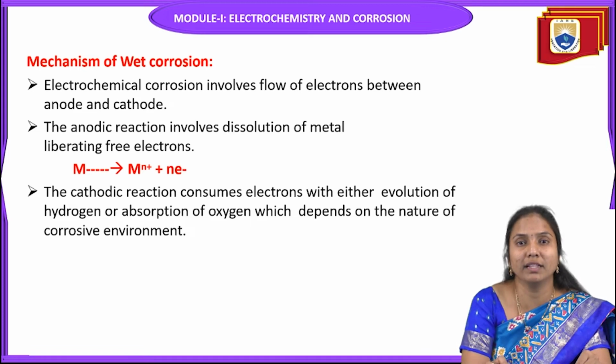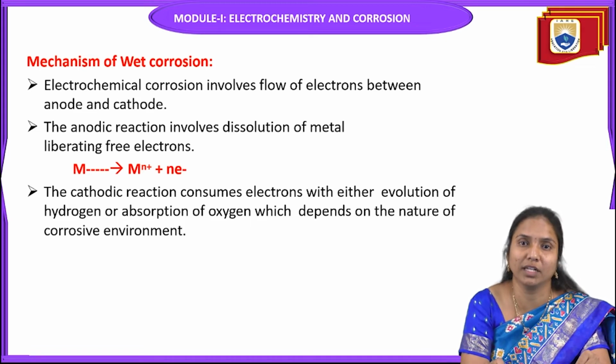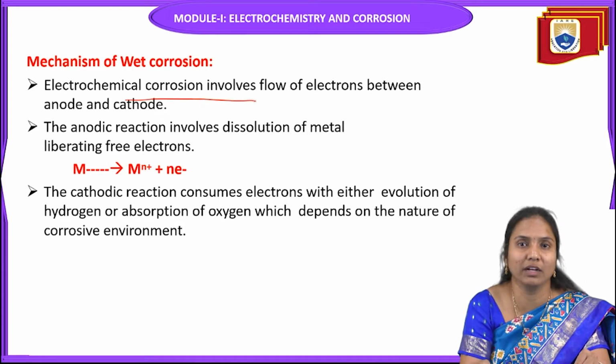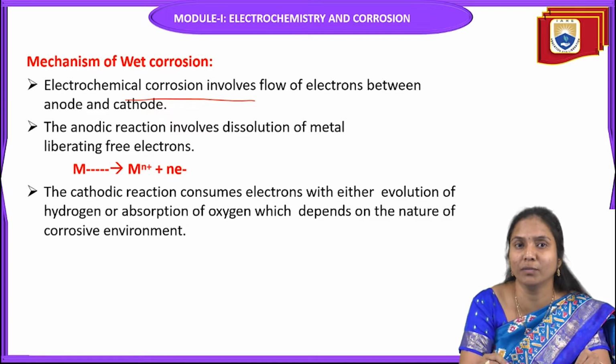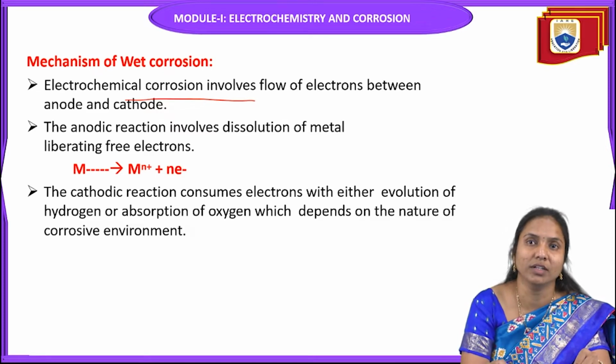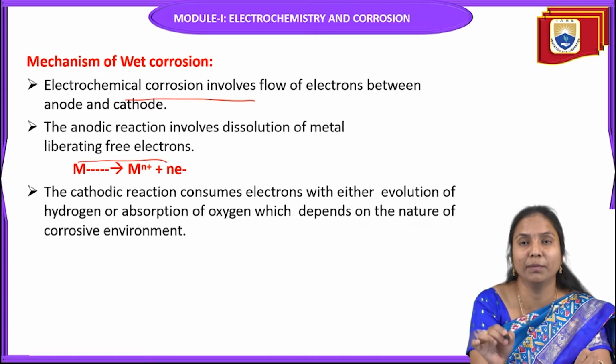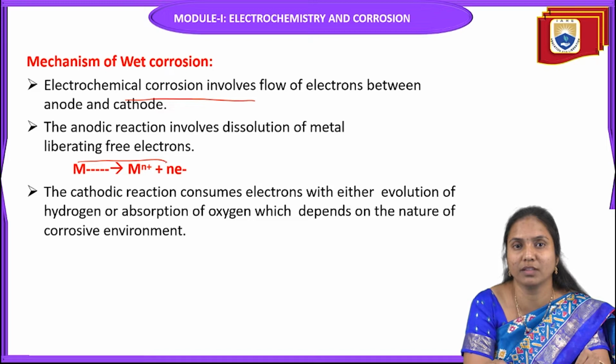What is the mechanism involved in this electrochemical corrosion or wet corrosion? Electrochemical corrosion involves the flow of electrons between anode and cathode. Generally, electrons flow from anode to cathode. The anodic reactions involve dissolution of metal, liberating free electrons.